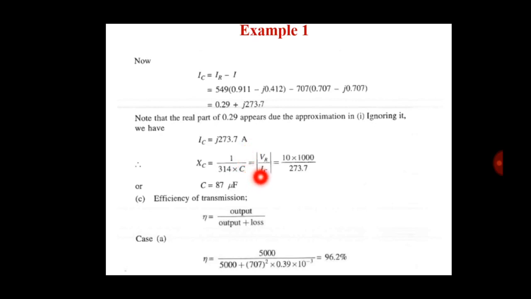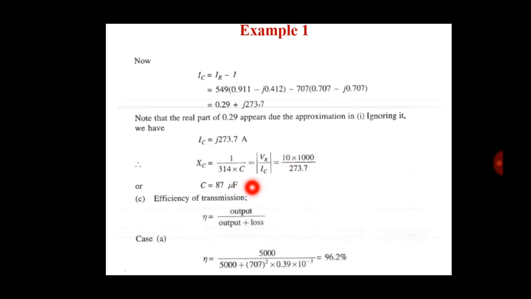So XC is equal to VR divided by IC. Here is the VR and here is the IC. Okay, so the value of C is equal to 87 microfarad.